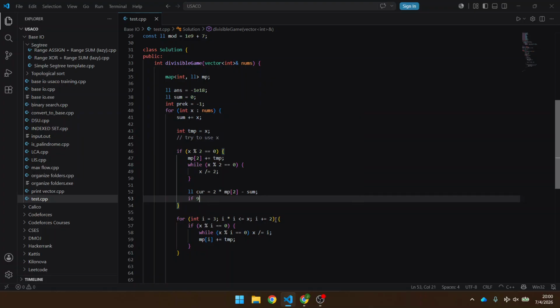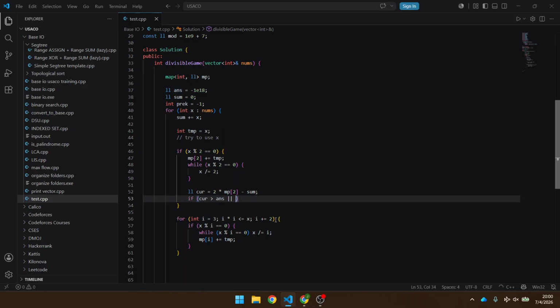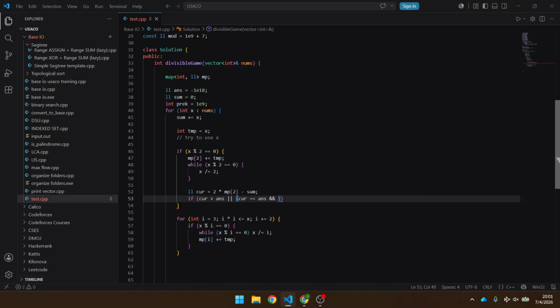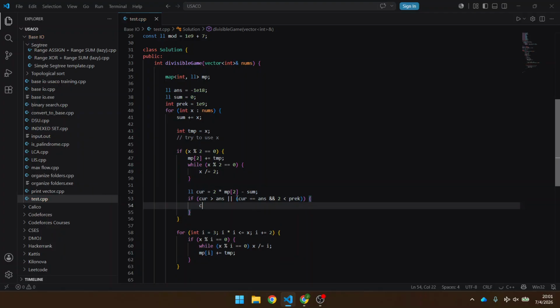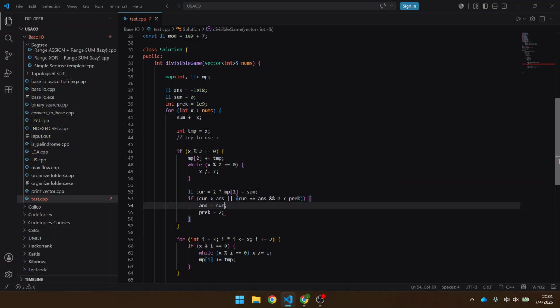If current is greater than answer, or current equal to answer and 2 is less than pre-k, answer is equal to cur, pre-k is 2.